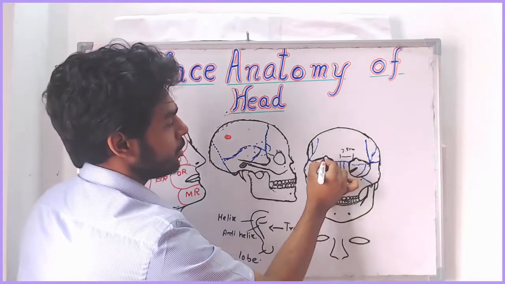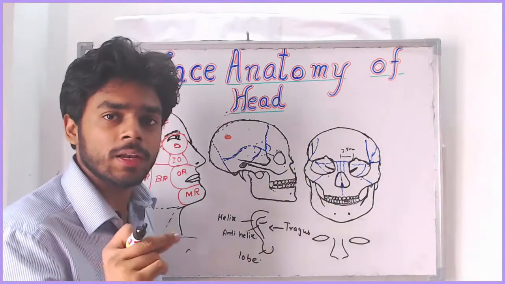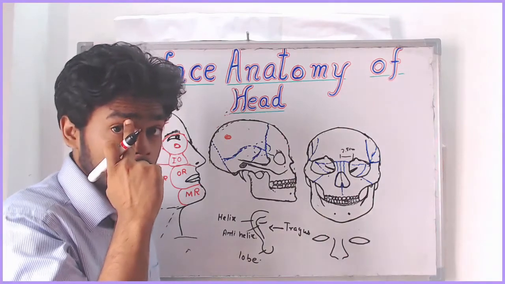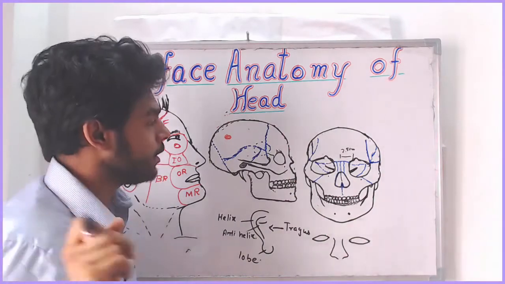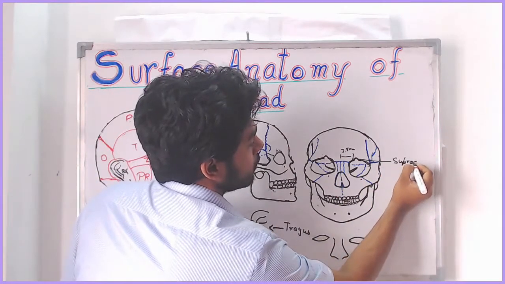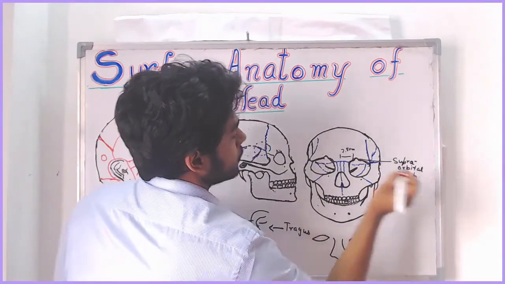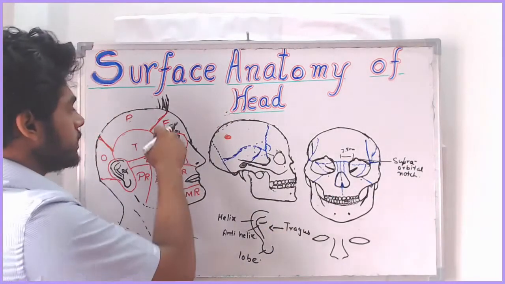This is called the supraorbital notch, and you can feel or palpate it over your eyes, in the orbital region. It can be felt over the skin.